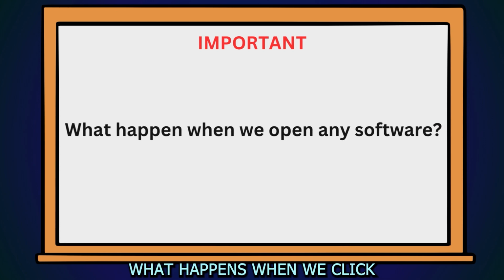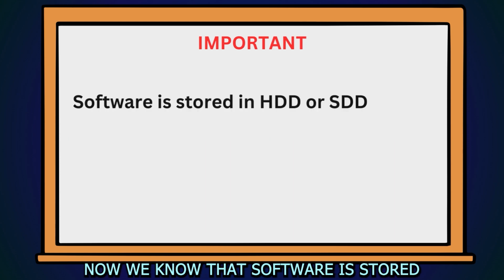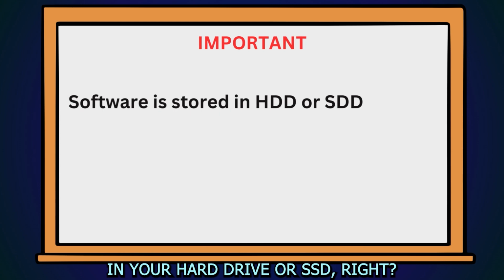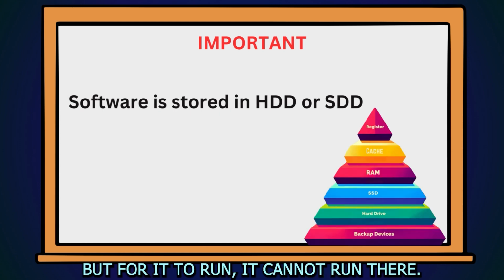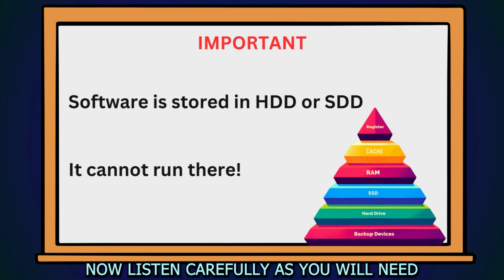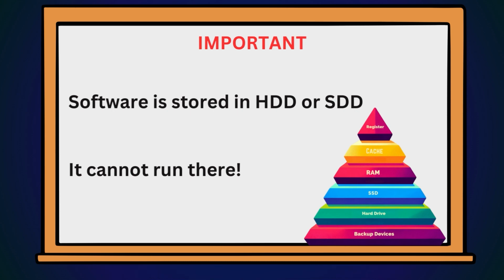What happens when we click to open any software? Now we know that software is stored in your hard drive or SSD, right? But for it to run, it cannot run there.